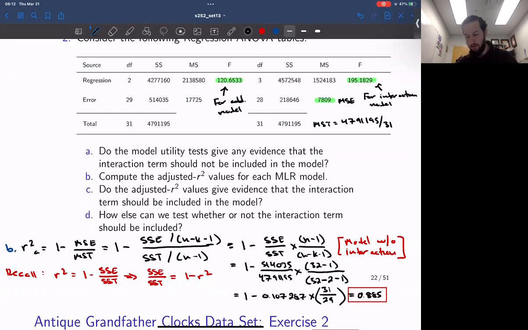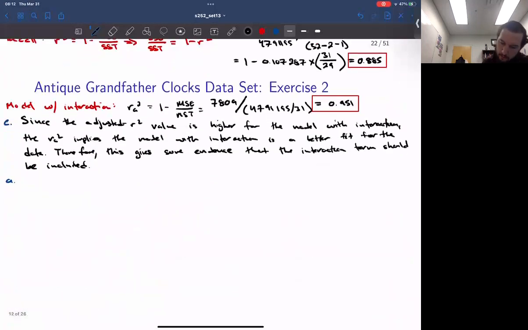To answer this question, we can look at it in two different ways, but the easiest way is to take my F value for the model with interaction. This F value is 195.1829. If I consider the test associated with this value, I would have the following.